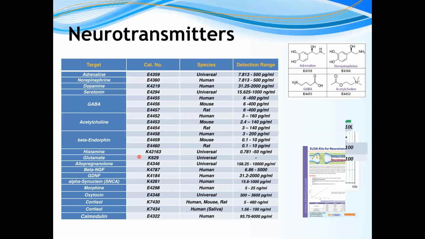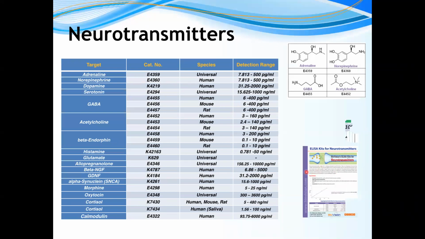They are available for different species. Some of them are available as universal kits that can be used for any species, and they also offer a very broad detection range that goes down to picograms. You can see the flyer for the neurotransmitter kits that we offer, available from BioVision, and you can find this on our website.